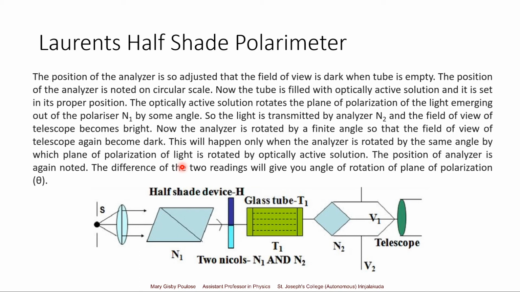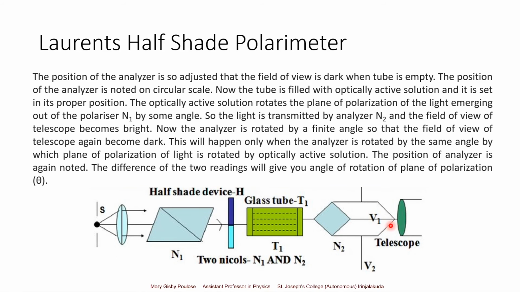First, we rotate the analyzer such that it is dark when we view through this telescope, and the reading on the circular scale is noted. Then we fill the glass tube with this optically active solution and keep it aligned with the optic axis. Initially, when we viewed this apparatus through the telescope, the field was dark.